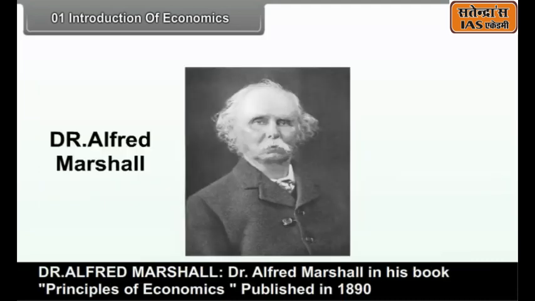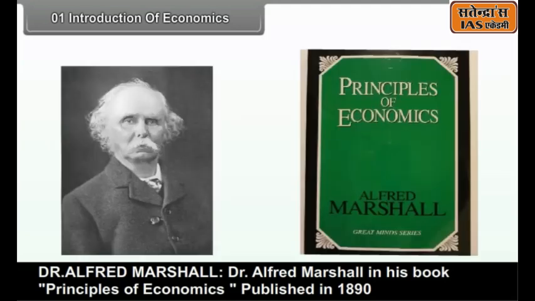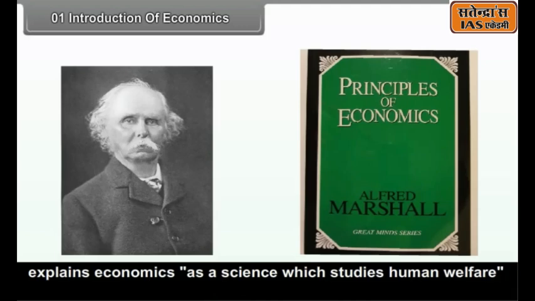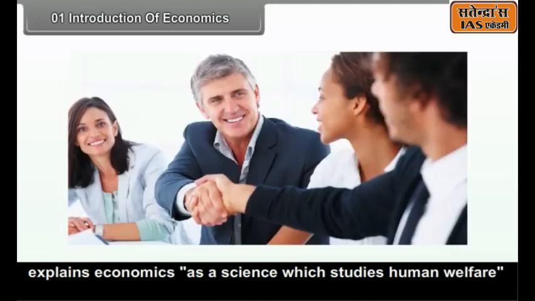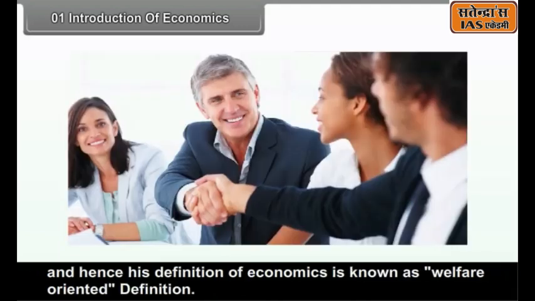Dr. Alfred Marshall. Dr. Alfred Marshall, in his book Principles of Economics, published in 1890, explains economics as a science which studies human welfare, and hence his definition of economics is known as welfare-oriented definition.